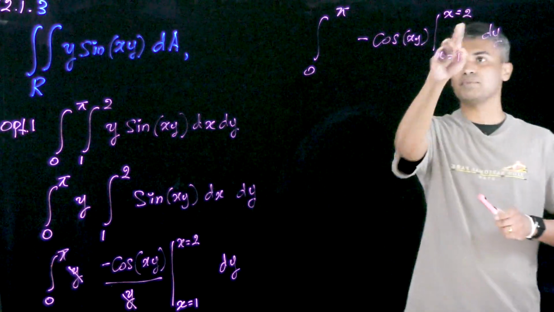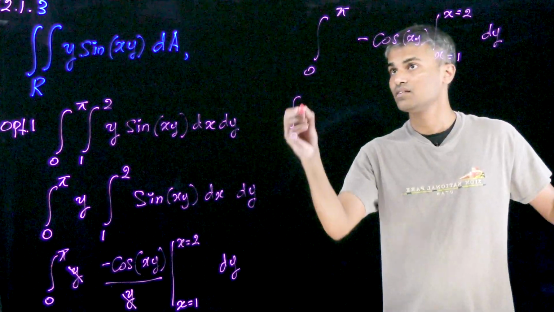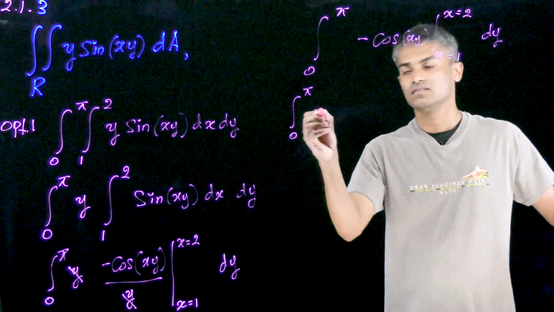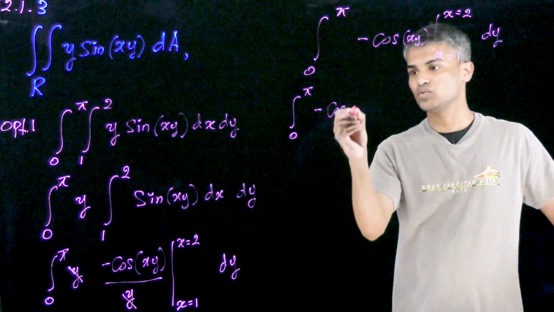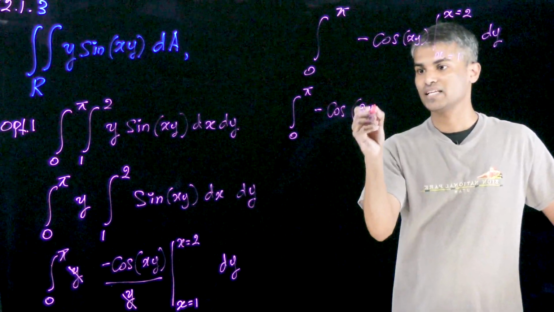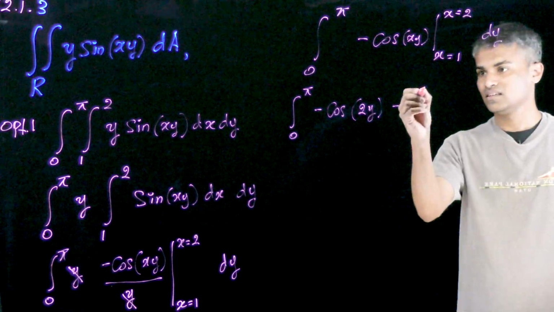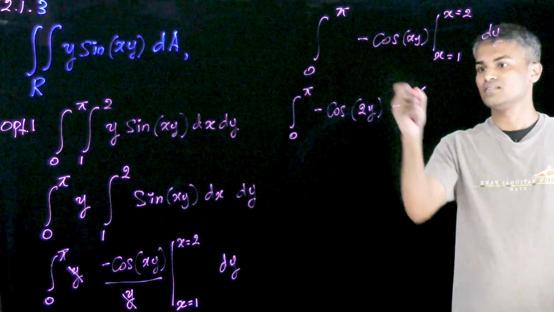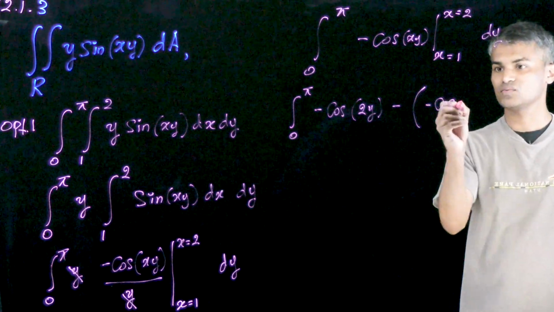Okay, so apply the upper limit first. You get minus cosine, now x equals 2, so you have minus cosine of 2y, minus, and then minus cosine of, x equals 1, so we have y.